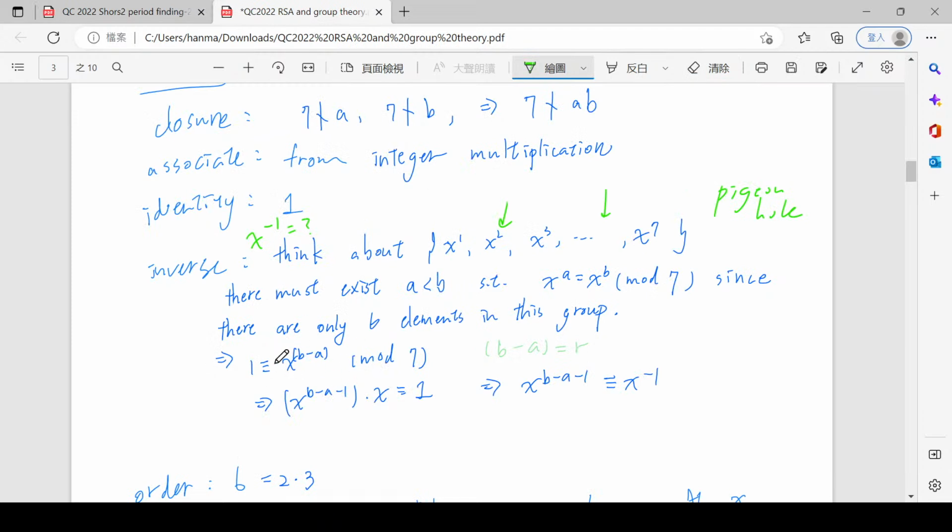So we should prove that this order always exists. So, excuse me, yeah, this b minus a is also equal to r. But anyway, we have x to the b minus a mod 7 equal to 1. Then we should say here, right? So this b minus a is actually equal to the order r with respect to n, with respect to 7.